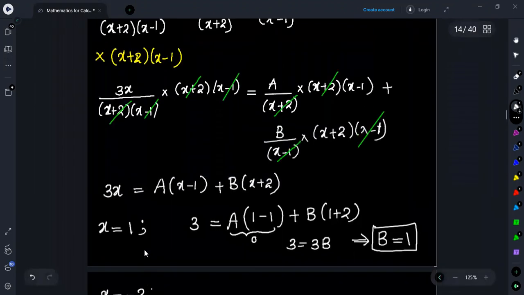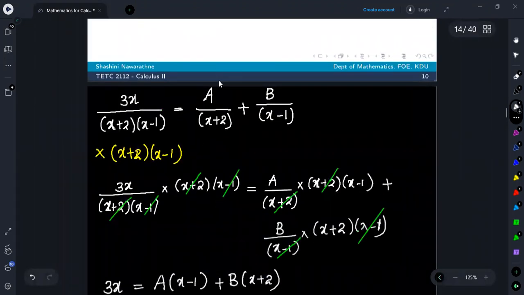Once you have found the values for a and b, we can obtain the partial fractions by substituting the respective values into this expression.